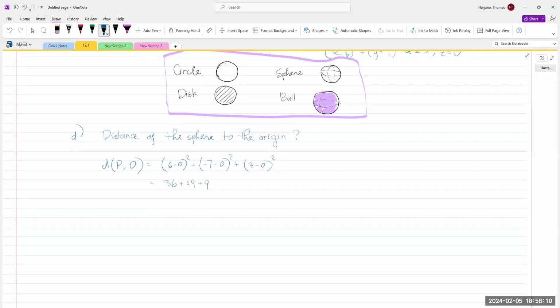What's that? 45 plus 49 is 94. Okay, so the distance from the sphere to the origin is equal to the square root of 94 minus 5.